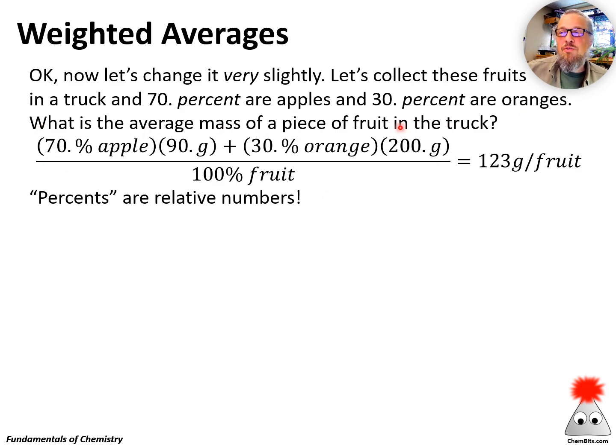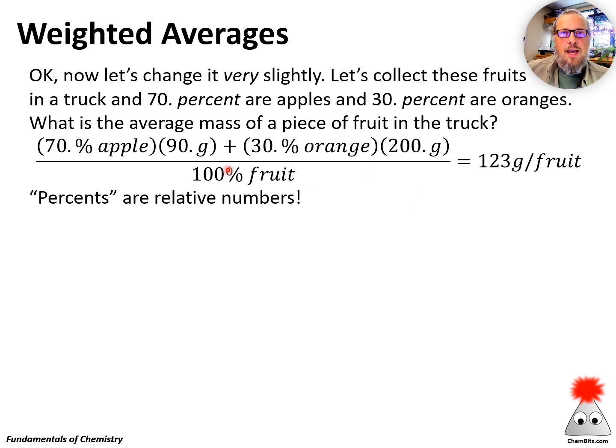What's the average mass of a piece of fruit in the truck? Well, 70% apple times 90 grams plus 30% oranges times 200 grams divided by 100%, that's all the fruit, gives us 123 grams per fruit.